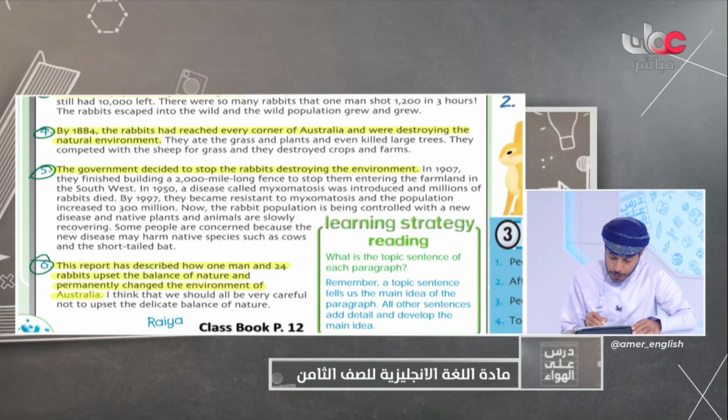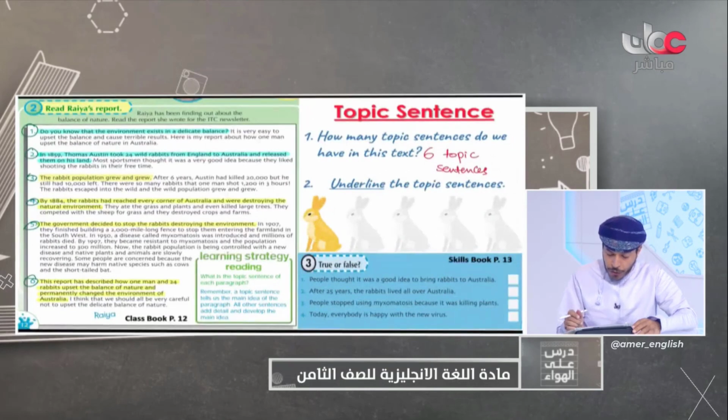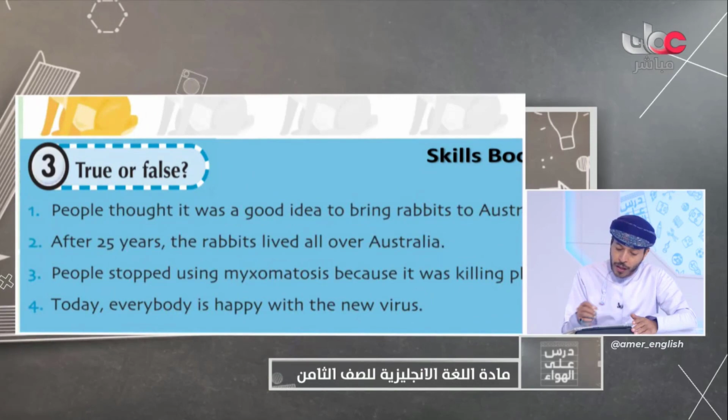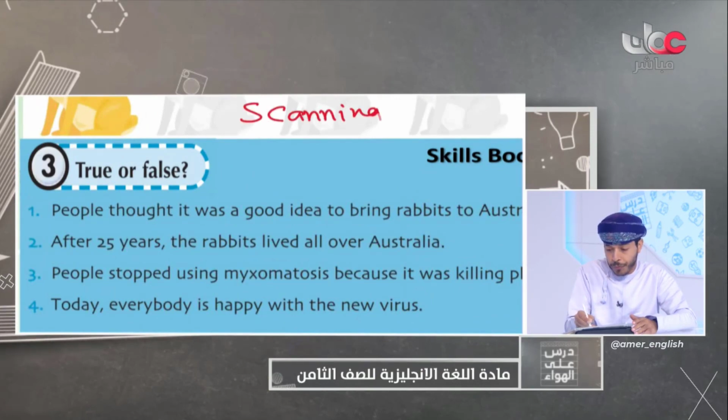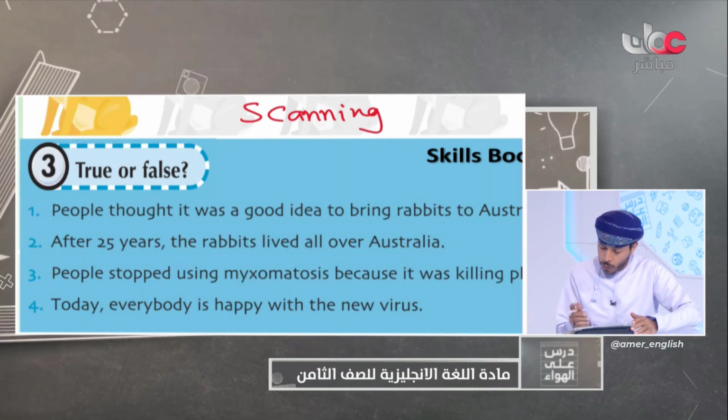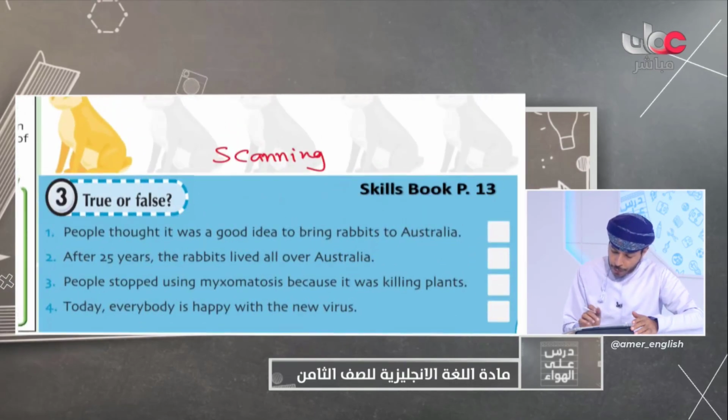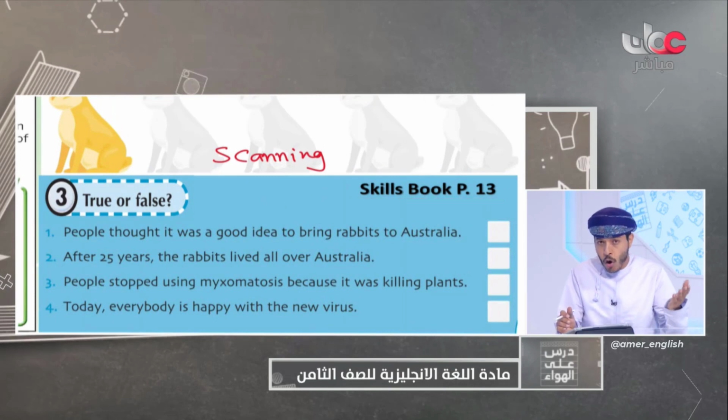Okay, so these are the topic sentences. They are 6 sentences, and we have already shaded or underlined them. But now, to use the second reading skill, which is scanning, you can find this activity in your skills book, page 13, and you can keep your class book open.